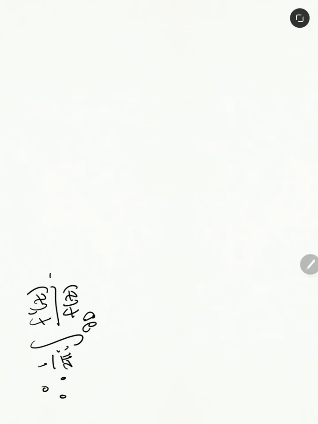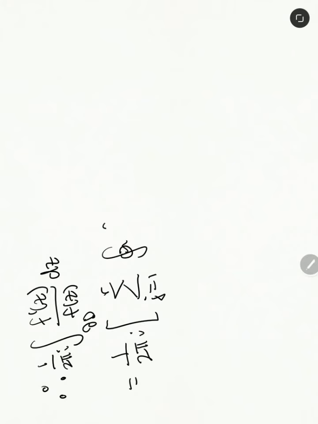So therefore, this integral is equal to 1 over 2 pi i times the sum. This is a simple contour, so we know that it's going to wind once.